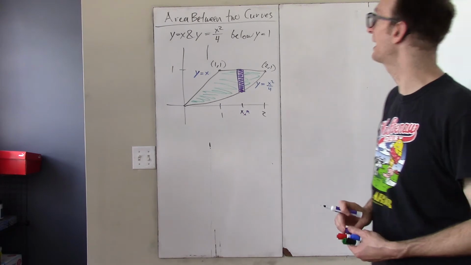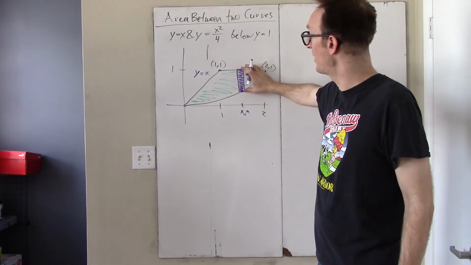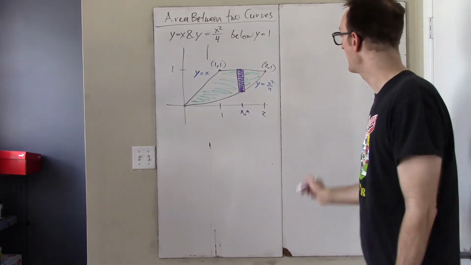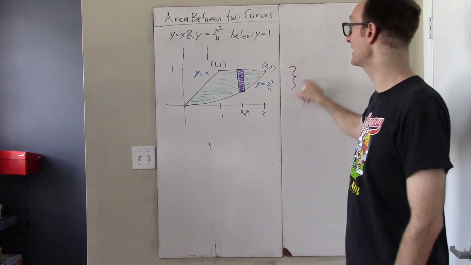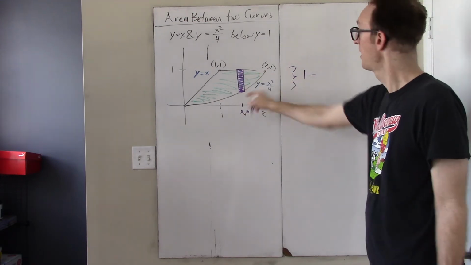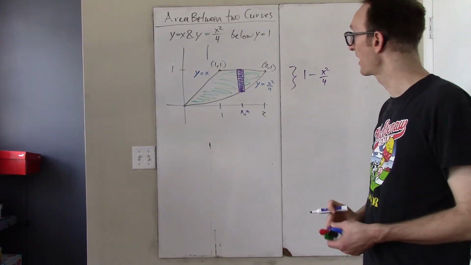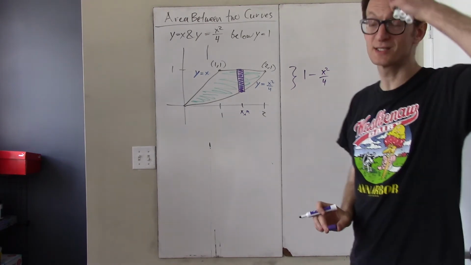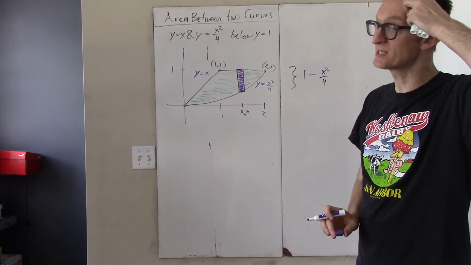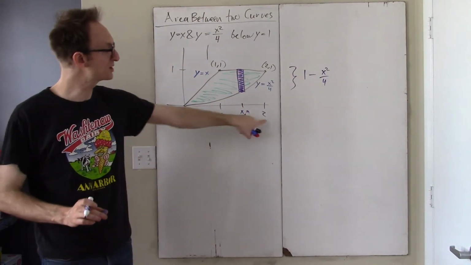I am, because it's true that this particular rectangle that I have drawn has a height equal to 1, which is that y value, minus x squared over 4. But that rectangle is not representative, in the sense that it holds only for the interval from 1 to 2.